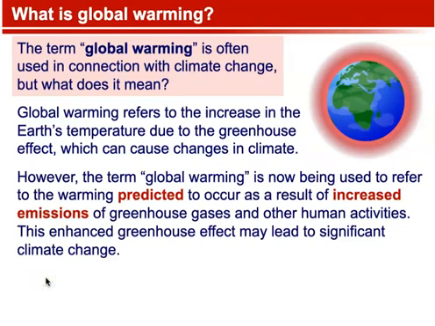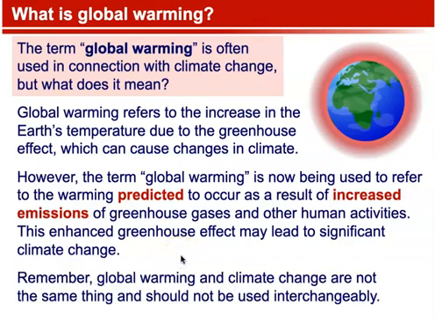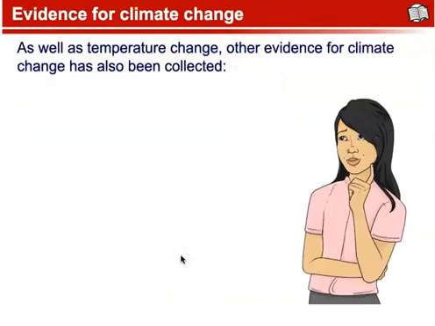However, the term global warming is now being used to refer to the warming predicted to occur as a result of increased emissions of greenhouse gases and other human activities. This enhanced greenhouse effect may lead to significant climate change. Remember, global warming and climate change are not the same thing and should not be used interchangeably.